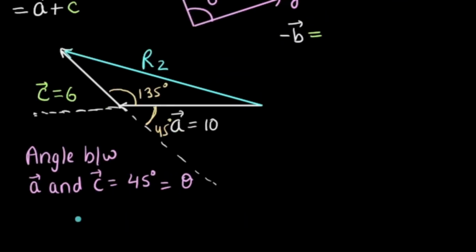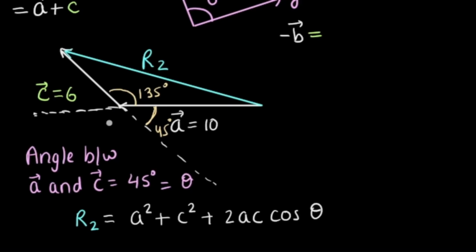To determine the value of R2, simply use this formula that says R2 is equal to A squared plus C squared plus 2AC cosine theta, where this theta here is the angle between vector A and vector C. All right. Put it under the square root.